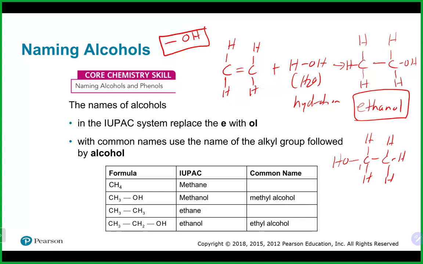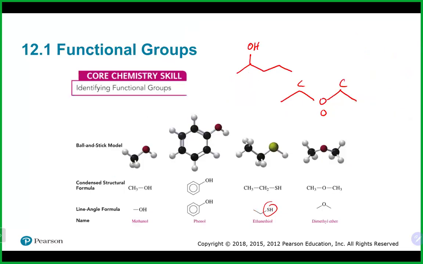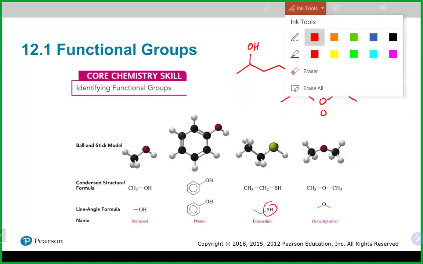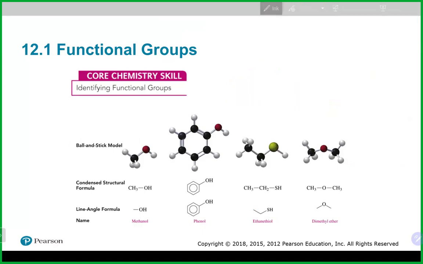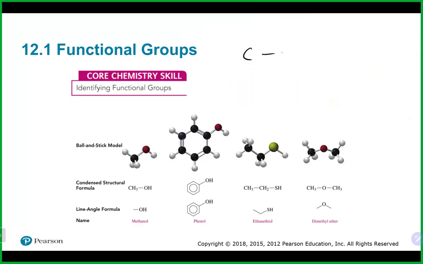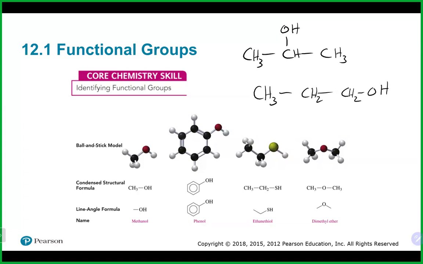Because when you get to 3 carbons, I'll get rid of what I drew here. There we go. So if we took this guy, slapped an OH there, and I take this guy here and put an OH there, each of these has how many carbons?